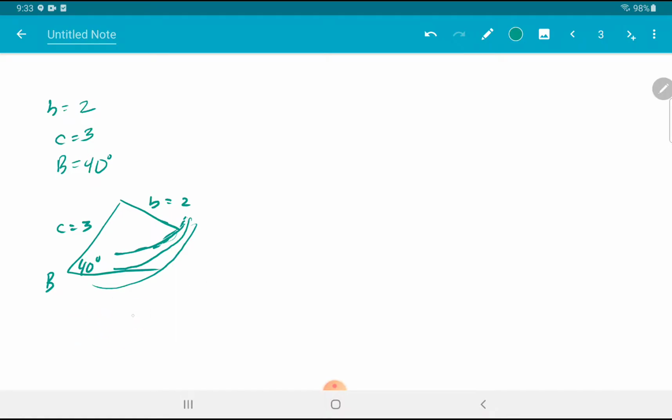Again, I'll do it over again from the very beginning. So sine of 40 degrees is equal to the height over, opposite over hypotenuse, so over 3. Or if you start to see the pattern here, you're basically always getting adjacent side times sine of the given angle. Okay, so 3 sine 40.